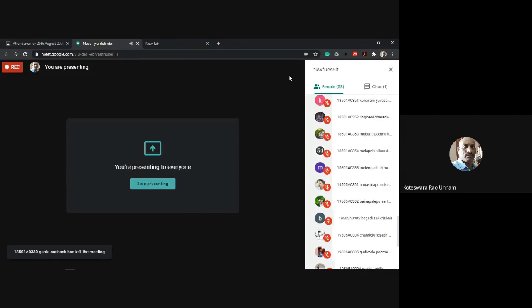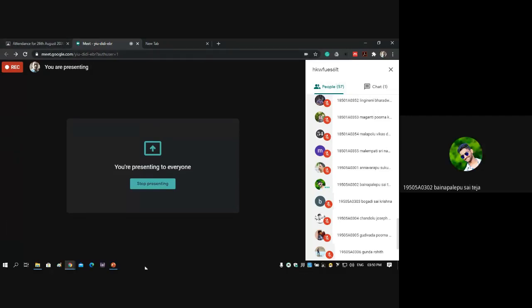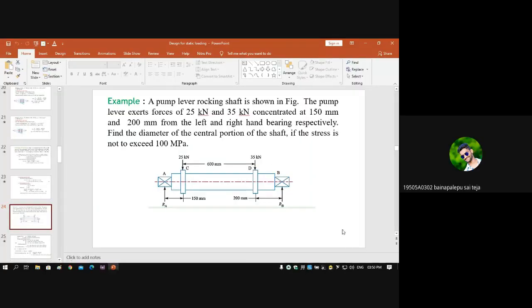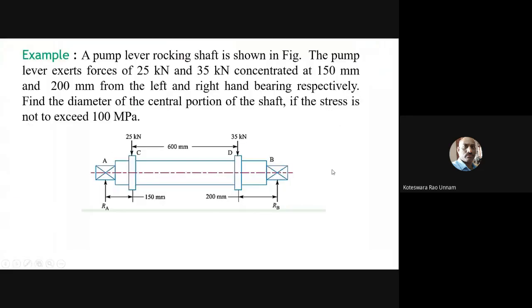Sigma is the normal stress or bending stress. Y is the distance of the layer where you are calculating the bending stress. E is Young's modulus, and R is, what is R? Radius of the shaft?